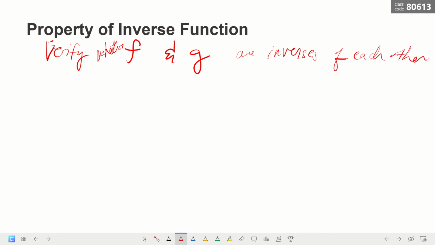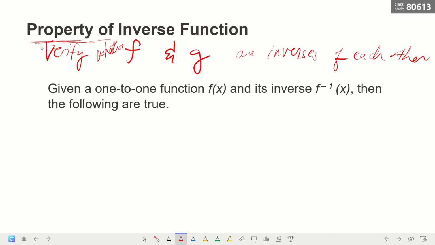Paano natin ma-verify? So, we need to adhere or base our decision sa property of inverse function. So, that is given by the definition of the inverse.